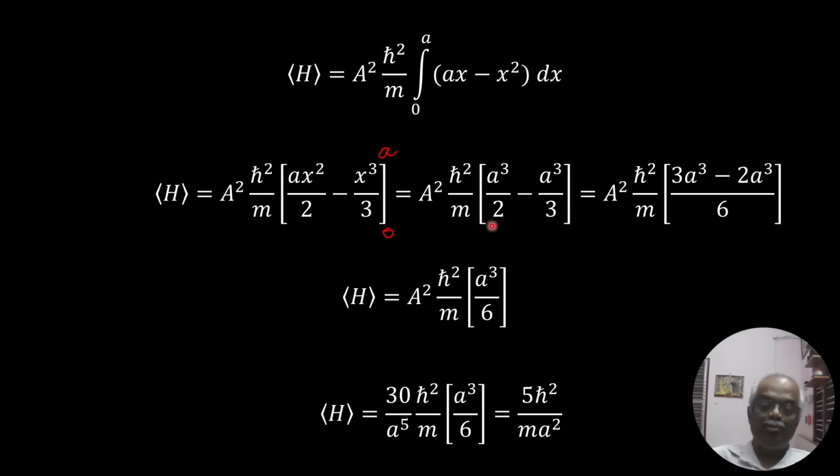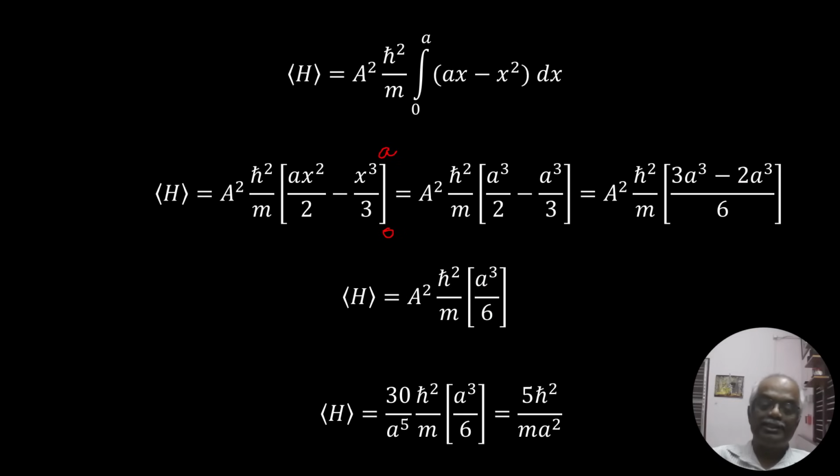If you apply the lower limit, it will naturally be 0. So you take LCM 6: 3a cubed minus 2a cubed. If you subtract, the numerator gives simply a cubed. Here you keep A squared h cross squared over m as it is. Then this will be a cubed over 6.